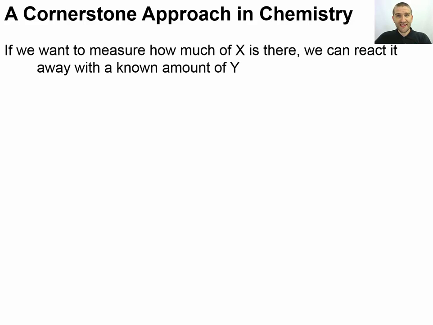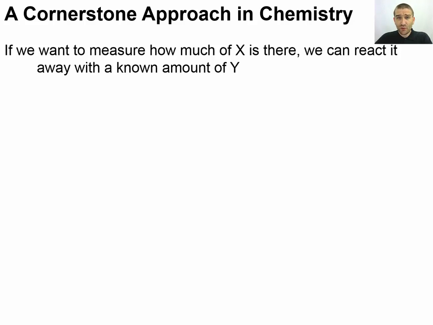Now, let's set up a question to explain what we're doing with a titration. Suppose we want to measure how much of some compound, X, is present. I'm not going to specify what X is, but if you want to have something to think about, you could picture it being H+ or OH-. Now we know that we can react those in a 1-to-1 ratio, right? Well, same idea.